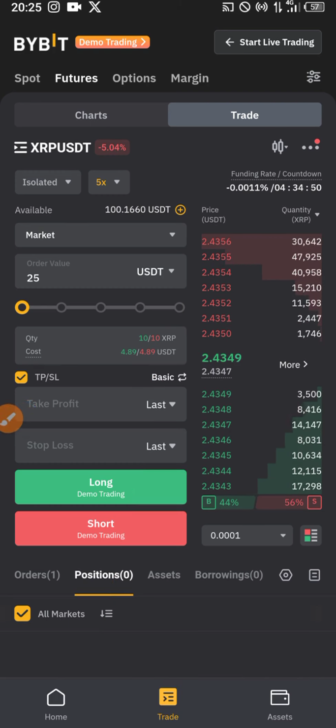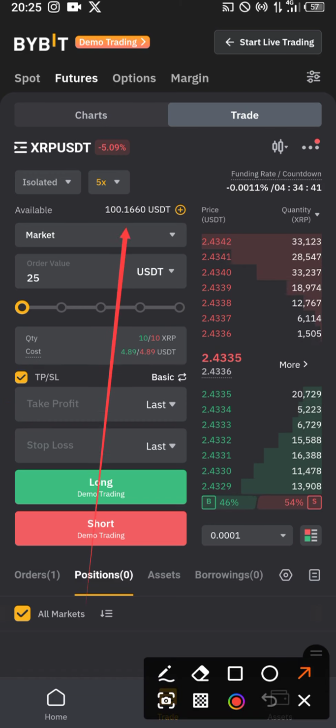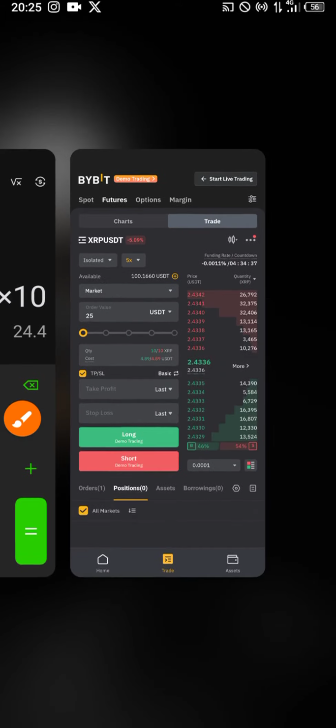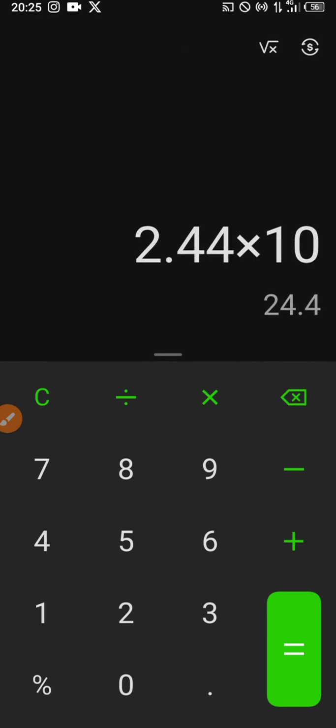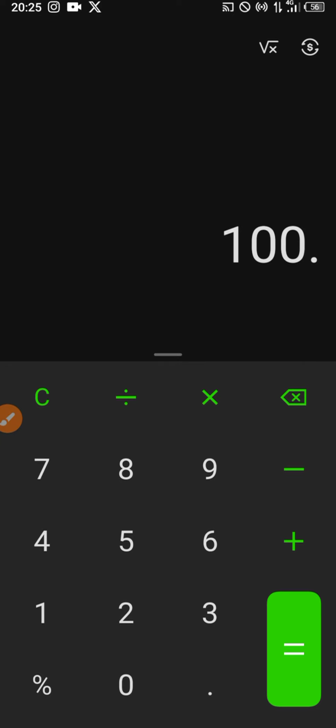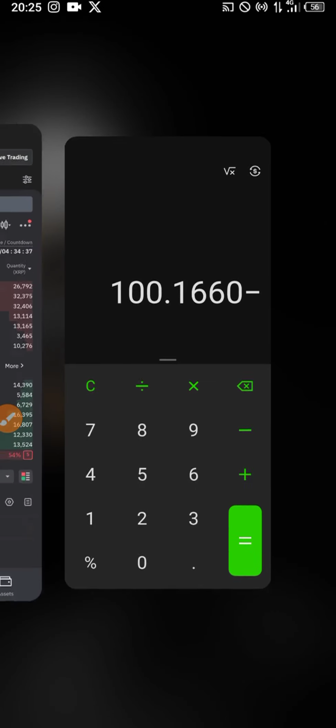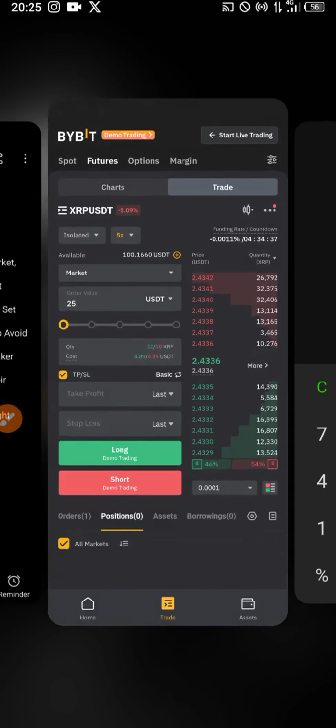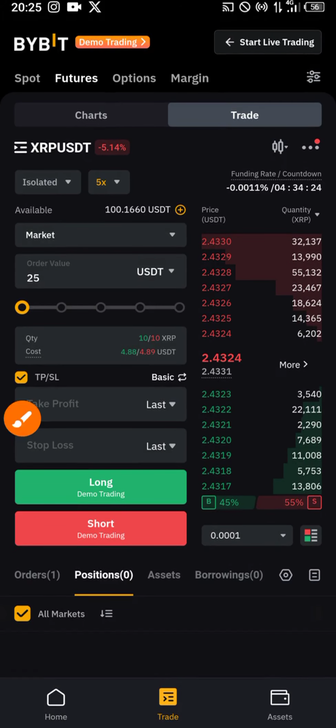Now, in my balance I have 100.1160, right? 100.1160 minus what Bybit said it will cost me to place this trade.